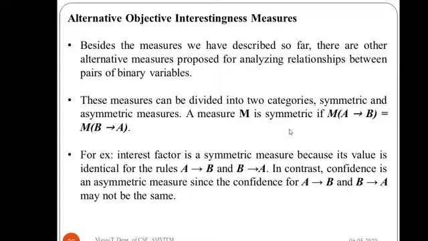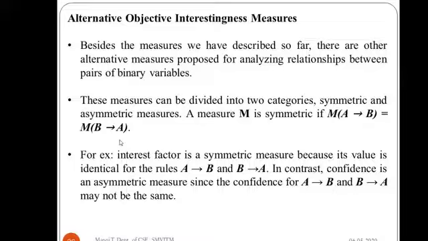Besides the measures which we have described earlier, there are other alternative measures proposed for analyzing the relationships between pairs of binary variables. These measures can be divided into two categories, that is symmetric and asymmetric measures. A measure M is symmetric if M of A implies B is equal to M of B implies A. If A implies B and B implies A are equivalent, then it is called a symmetric measure.